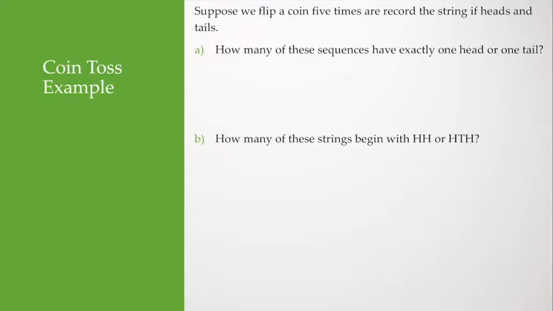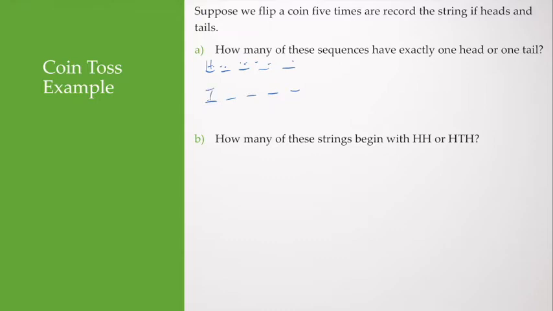So let's suppose we flip a coin 5 times and record the strings of tails and heads. How many of these sequences have exactly one head or one tail? There could be 5 possible strings with exactly one head, because I could put the head in any of these slots. And the same would be true for tails.